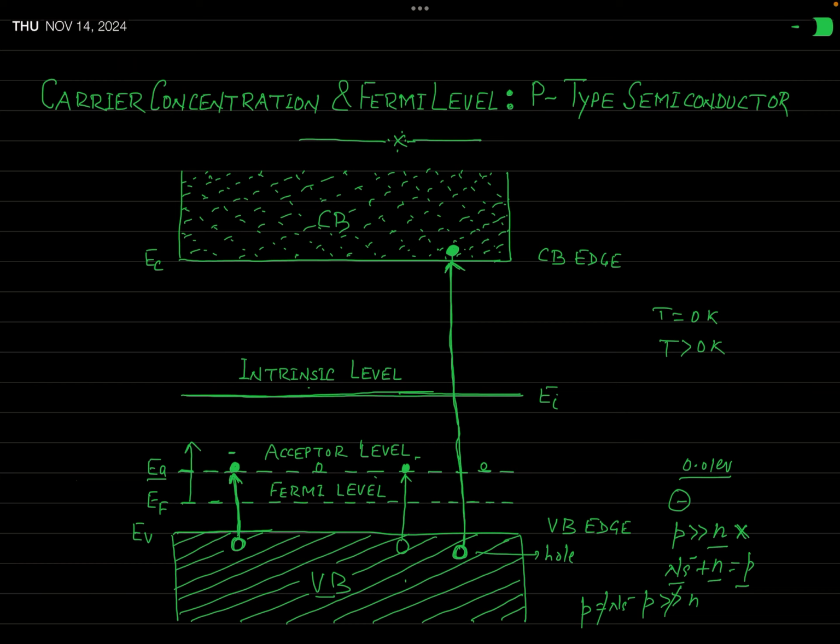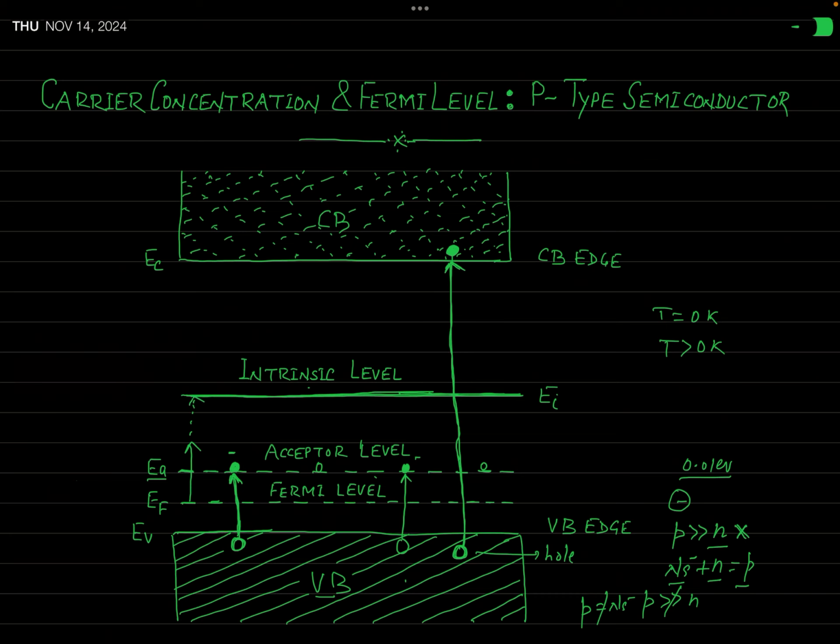If there is no doping, and you are taking the pure semiconductor of germanium or silicon, then you know the Fermi level lies between the top level of the valence band and the bottom level of the conduction band, which is actually called the intrinsic level. And so on increasing temperature, finally this Fermi level will move up, and it will go to the position of this intrinsic level.